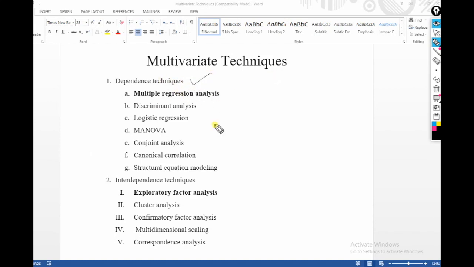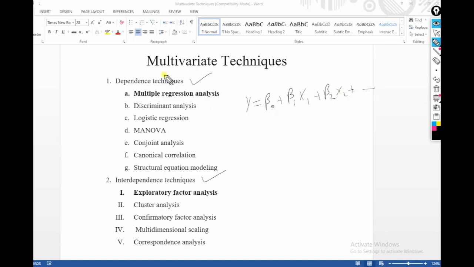One is the dependence technique and another is the interdependence technique. In a dependence technique, we find the relationship between two or more variables, like beta 0 plus beta 1 x1 plus beta 2 x2.